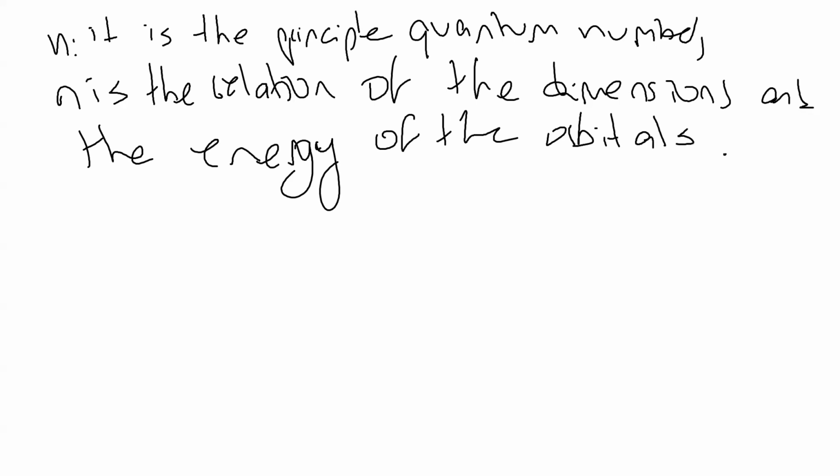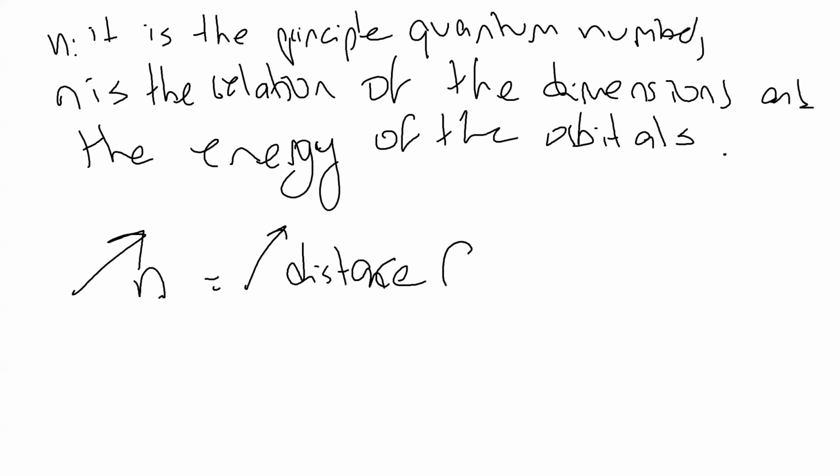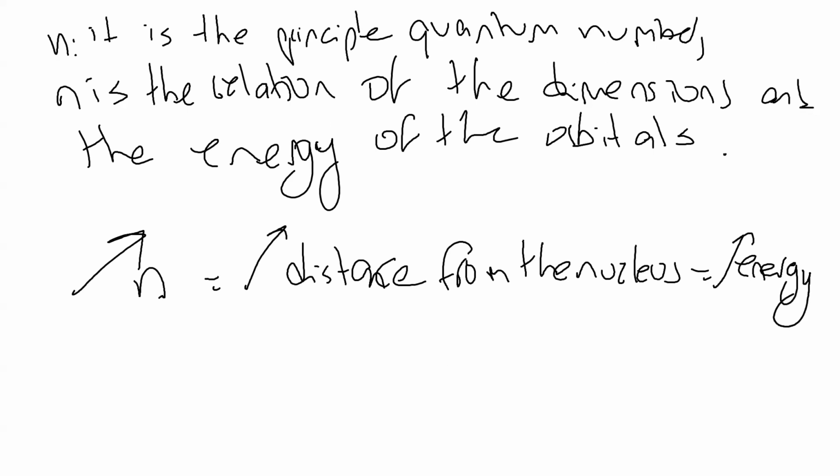The greater n is, the higher the probability of finding the electron at a greater distance from the nucleus. So if we have a high principal quantum number, we are going to have a high distance from the nucleus, and a higher energy. The moment you have a higher energy, there is a very high probability of this electron being far from the nucleus.